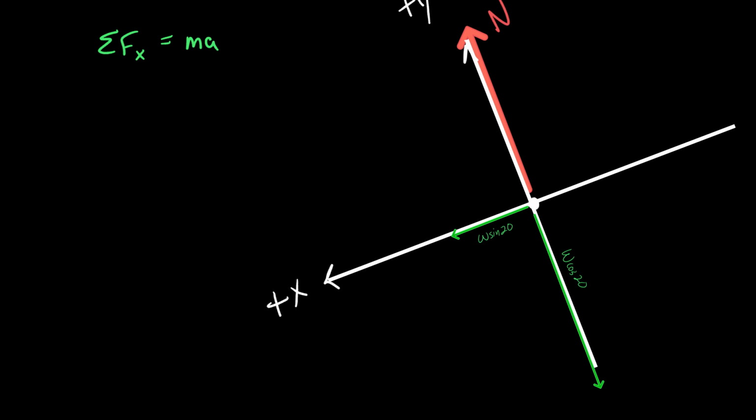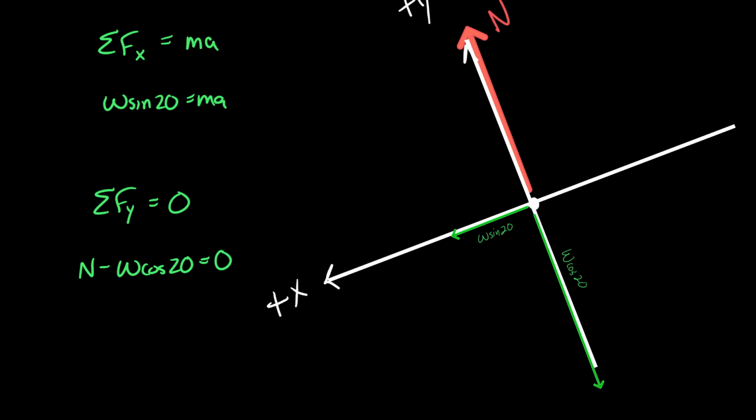This was just figuring out vectors. But Newton's law actually is just applying these two rules. So we get W sine 20 equals MA, and normal minus W cosine 20 equals 0. All good so far?